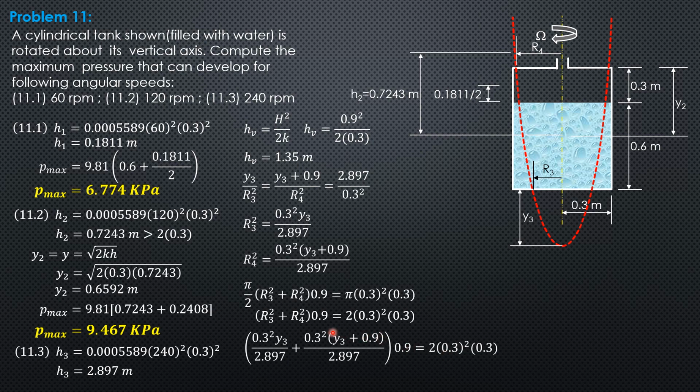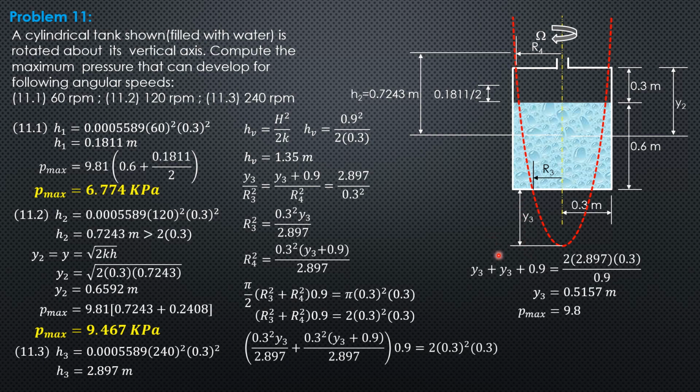Cancelling out 0.3 square and cross multiplying 2.897, we'll have y3 plus 0.9 equals 2 times 2.897 times 0.3 over 0.9. Then we can now solve y3. y3 is 0.5157 meter.